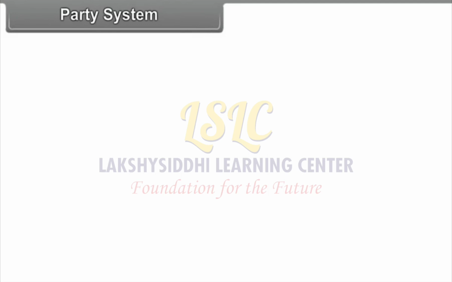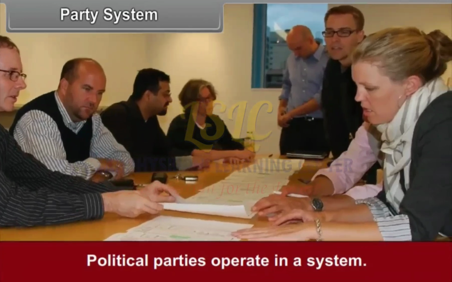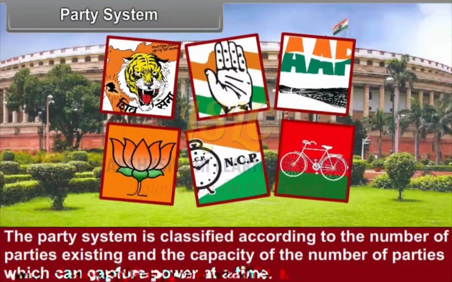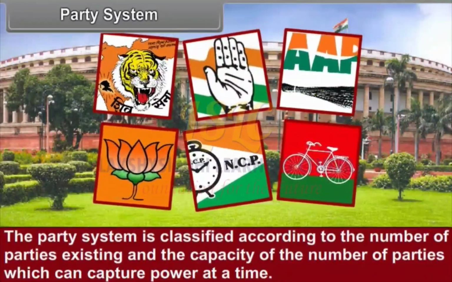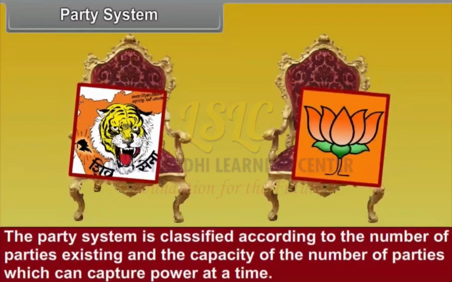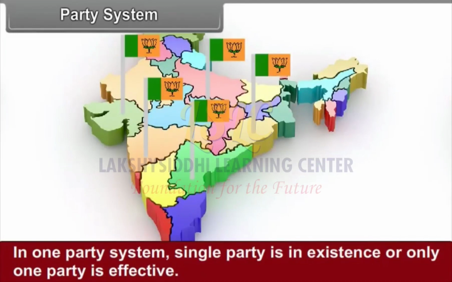Party system. Political parties operate in a system. The party system is classified according to the number of parties existing and the capacity of the number of parties which can capture power at a time. In one party system, single party is in existence or only one party is effective.